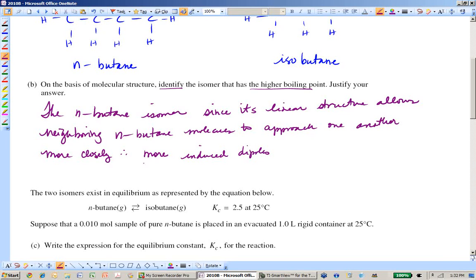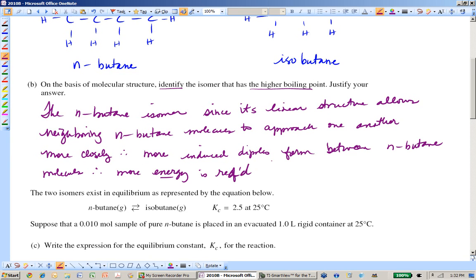So more induced temporary dipoles form between n-butane molecules. So what? Therefore, more energy is required to overcome London dispersion forces in n-butane than those of isobutane.